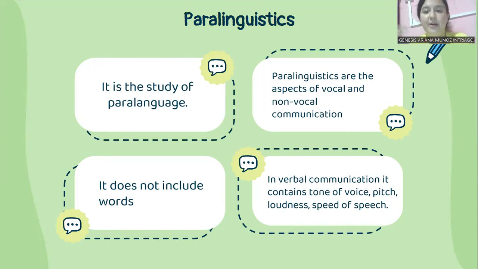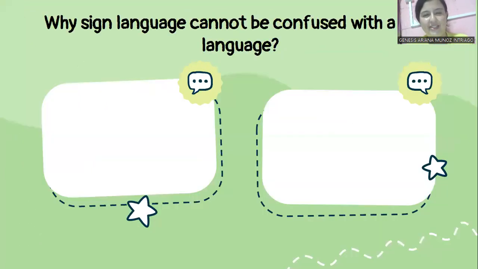And when we are talking about vocal communication, we are referring to verbal communication, and to specific aspects such as the tone of the voice, the pitch, the speed of speech, and the loudness. Okay, as I mentioned before, in my case I can guess other people's feelings and moods just by listening at their tone and the intonation, these kind of things.